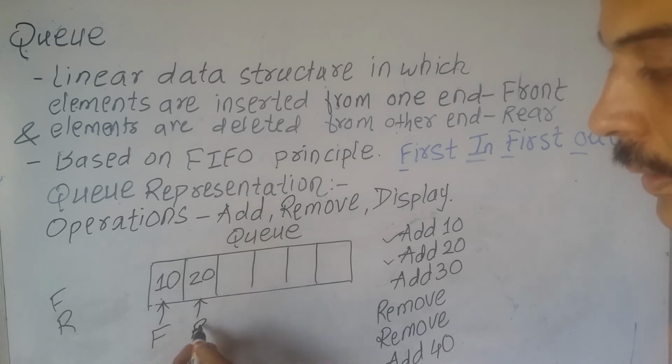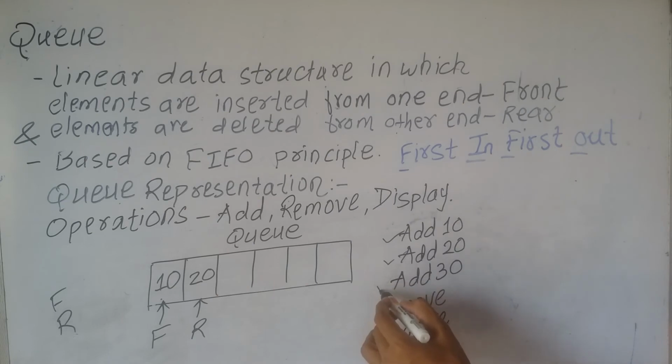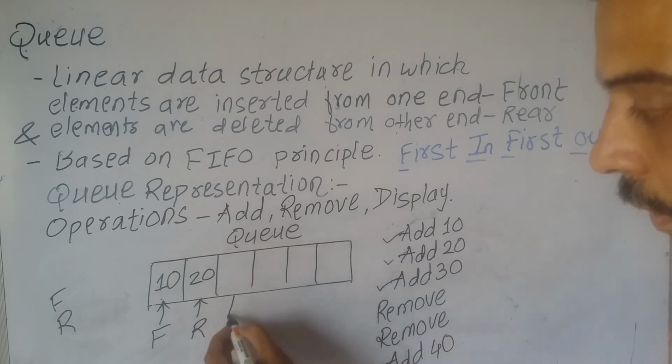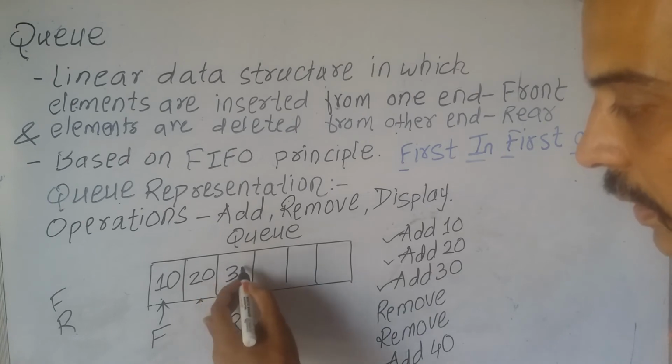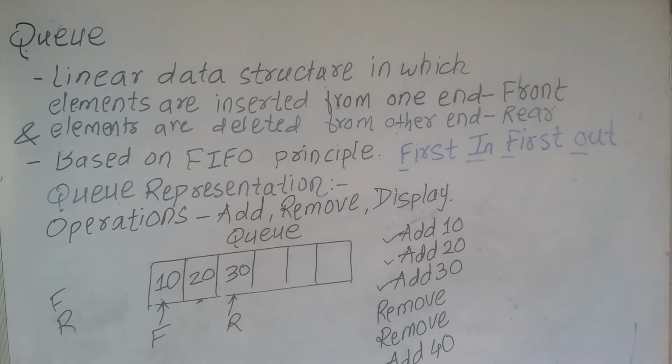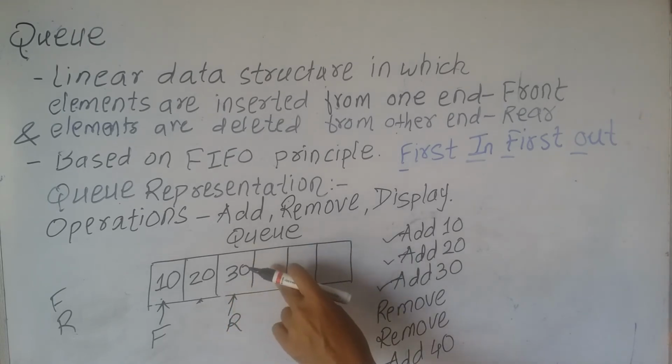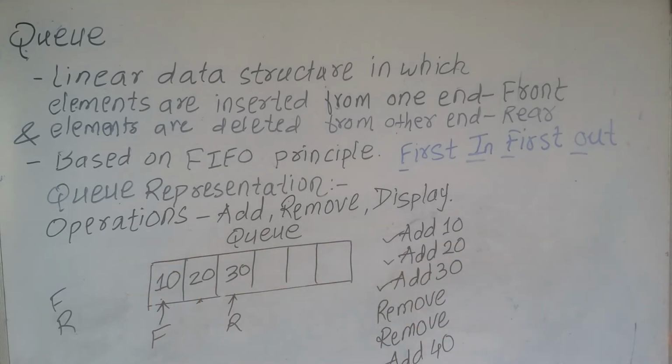Then when I perform the third operation for adding the element 30, the rear is incremented only and the element 30 is added. If I perform another add operation, again the rear is incremented only and another element is inserted over here. This is how I can add elements in the queue by using the rear end only.